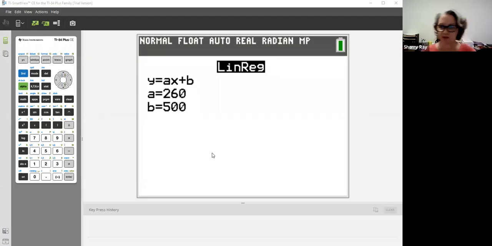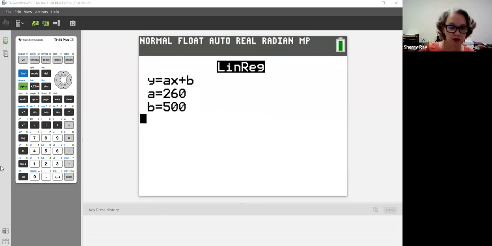Okay, here we go. There's my calculator. There's a download you can get, an 84 emulator download. This is another version I have on my work computer.